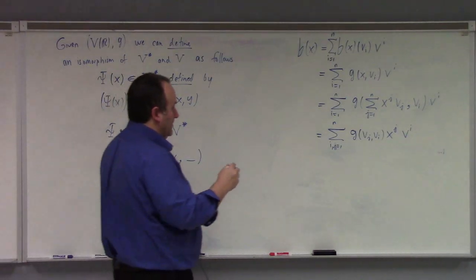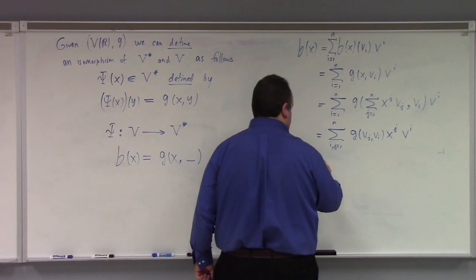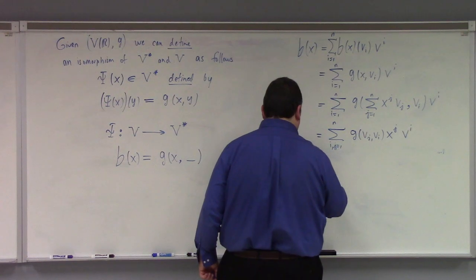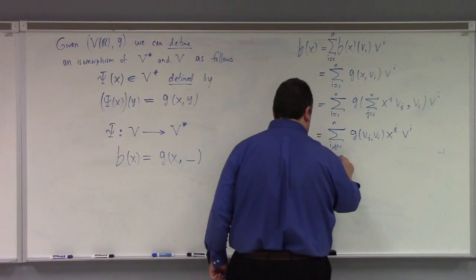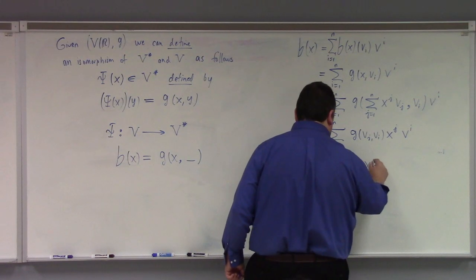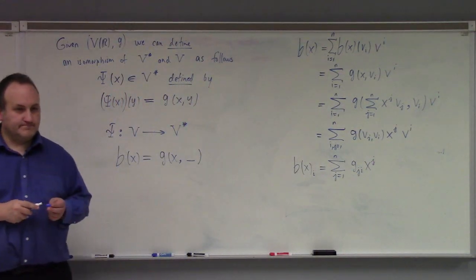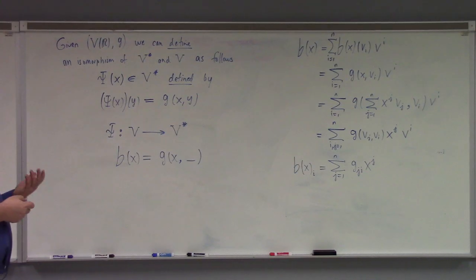Okay, so the flat of x, the ith component of it is what? It's the sum, j equals 1 to n, of g_ji x^j. In physics, this is called lowering the index.